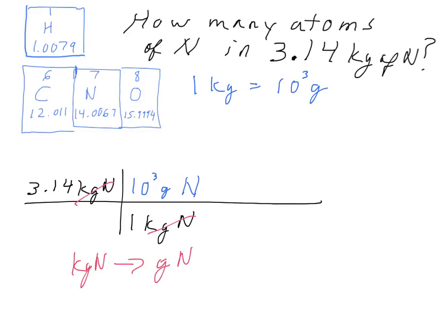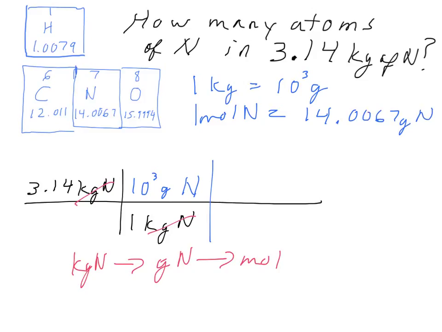All right, and once I have grams of nitrogen, I know the pathway to get to atoms. Because if I can go to grams, I know I can go to moles. I know that 1 mole of nitrogen atoms, according to my periodic chart, is 14.0067 grams of nitrogen. I have grams here, so I'm going to place grams here where they cancel out.